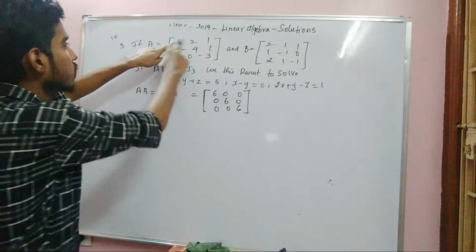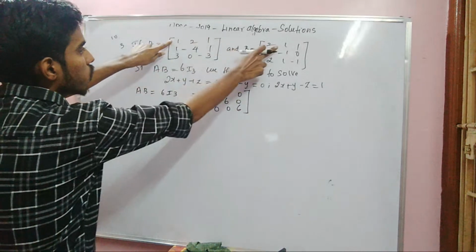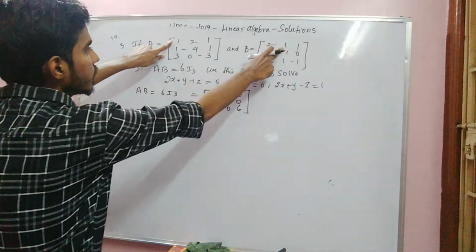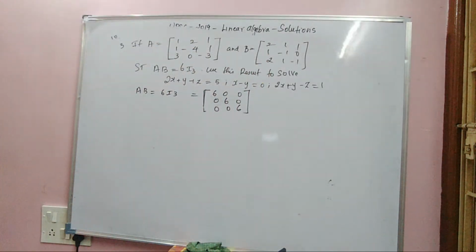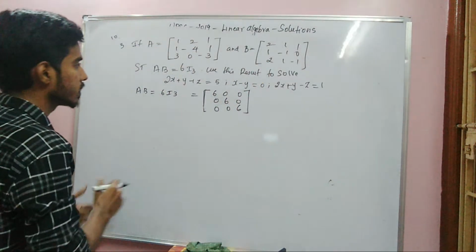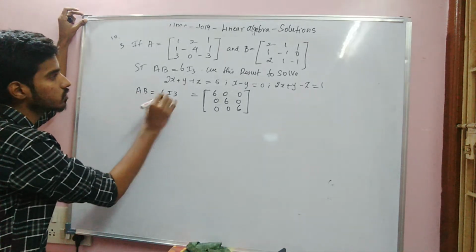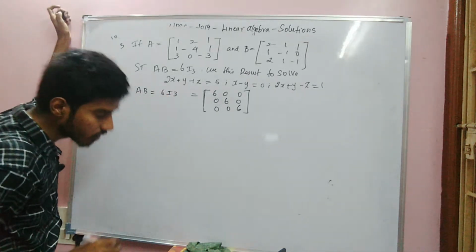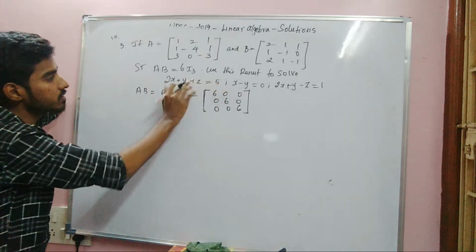You can see 1 into 2 is 2, 2 plus 2 plus 2, so you will get 6. 1 minus 2 plus 1, so that is 0. So you can show AB is equal to 6I3. Now we have shown this, we need to solve this equation.